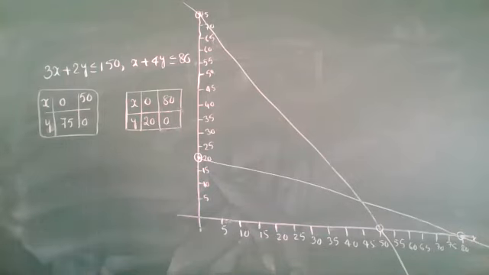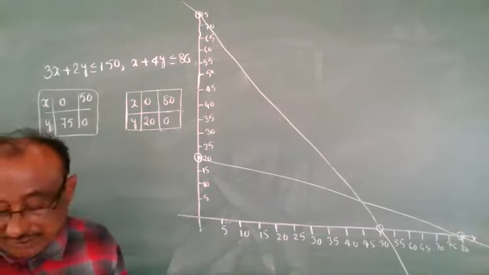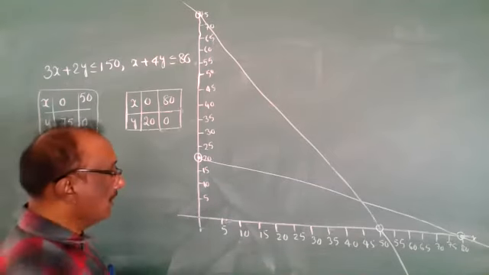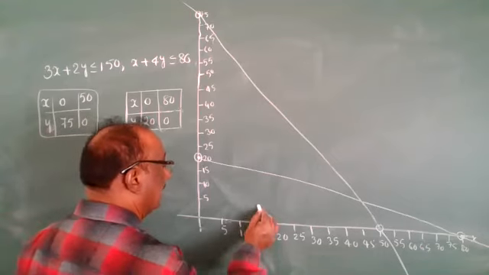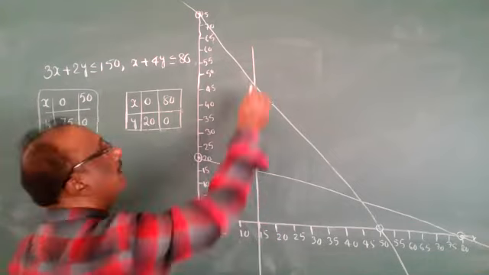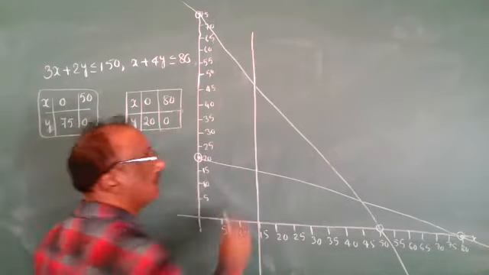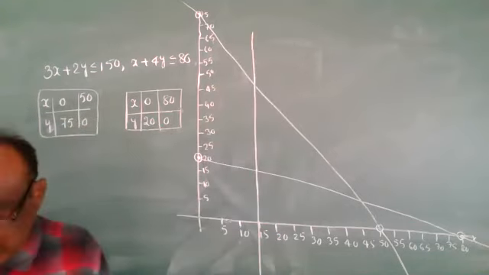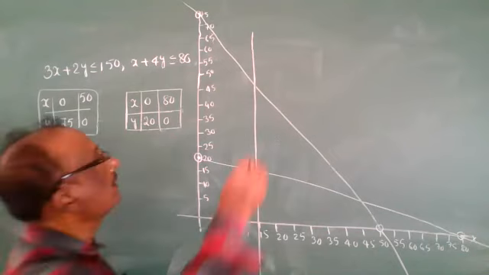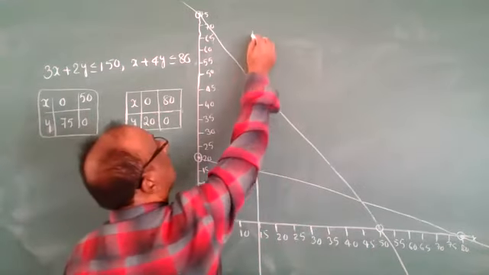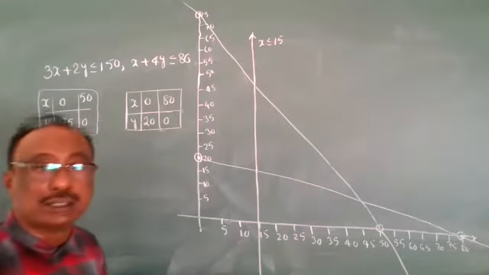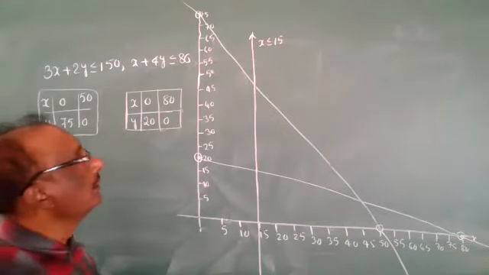Next one is x less than or equal to 15, a vertical line. Right, x equal to 15 is the vertical line. Now write down the names of the three lines. x less than or equal to 15.